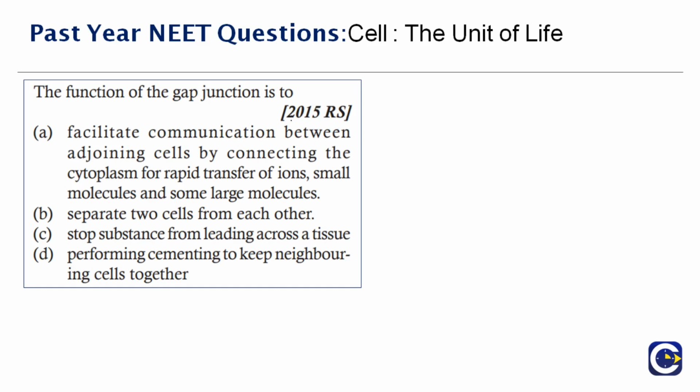Now this question was asked in the year 2015. The function of gap junction. Okay, so what is the function of gap junction is the question. So what is gap junction? You have to know what is gap junction first, right? They are actually specialized intercellular connections between the cells of an animal and they can be of different types.